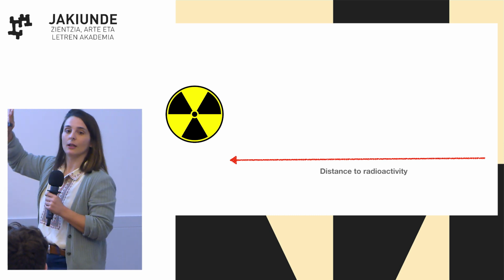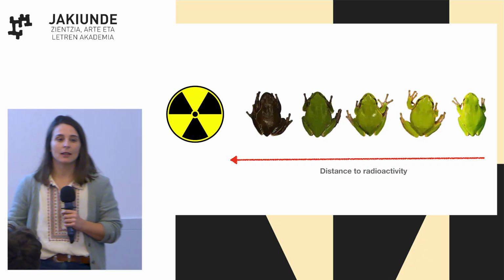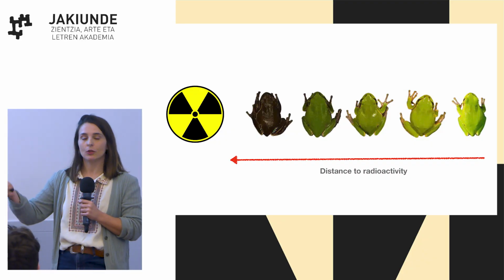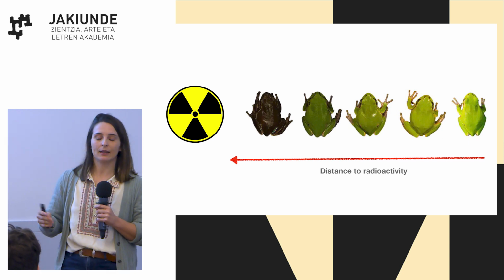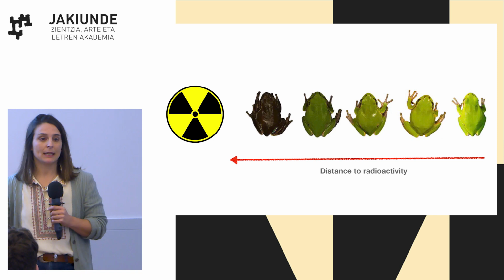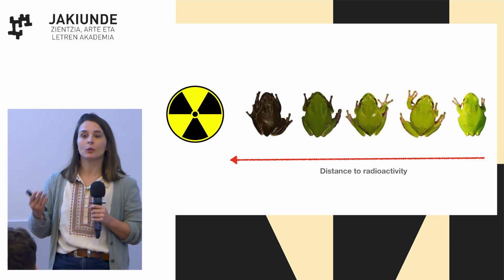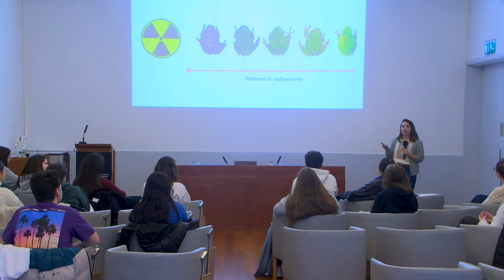They've studied populations of frogs that are not exposed to radiation and populations of frogs that are exposed to the radiation. And what they have found is that those frogs that are closer to the area of radiation are darker, they're almost black. This is an example of rapid evolution, because this has happened in 10 generations of frogs since 1986.